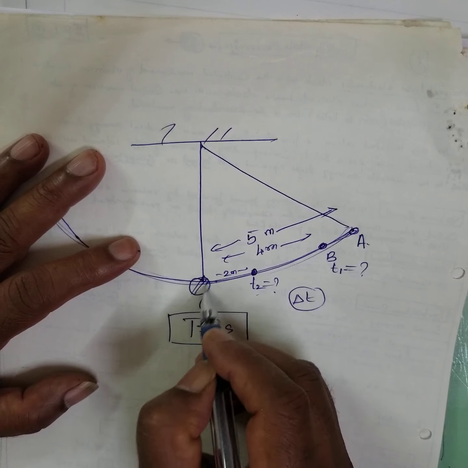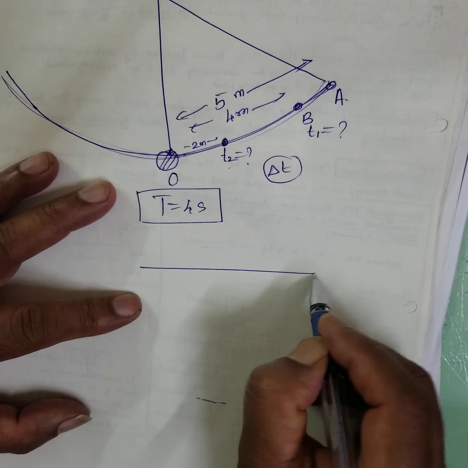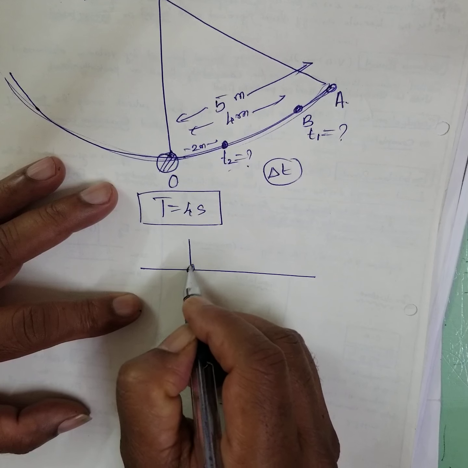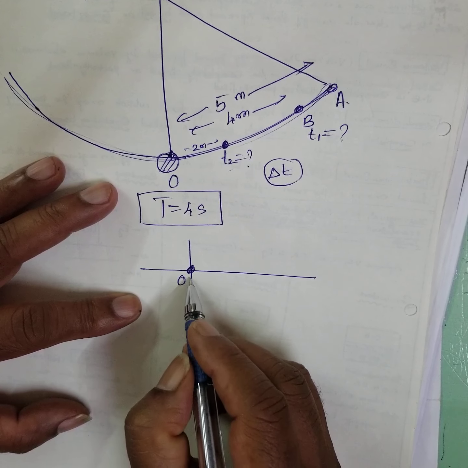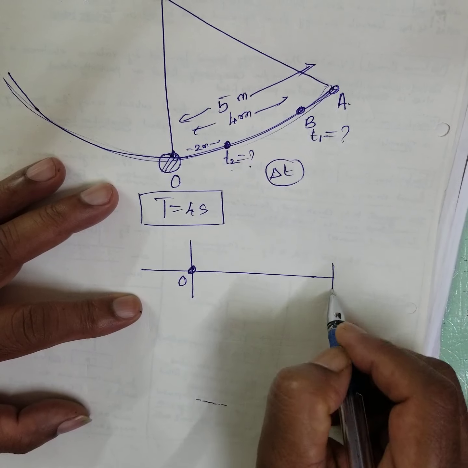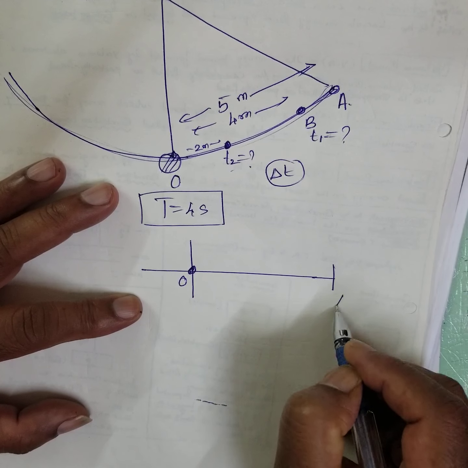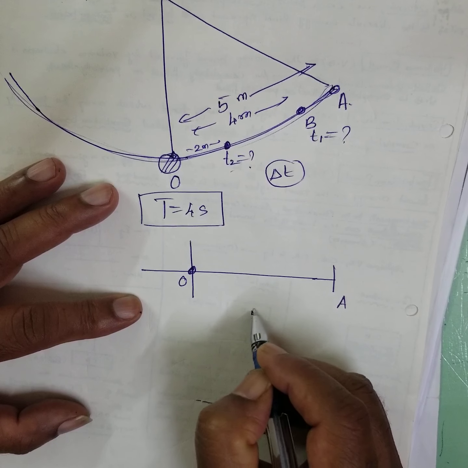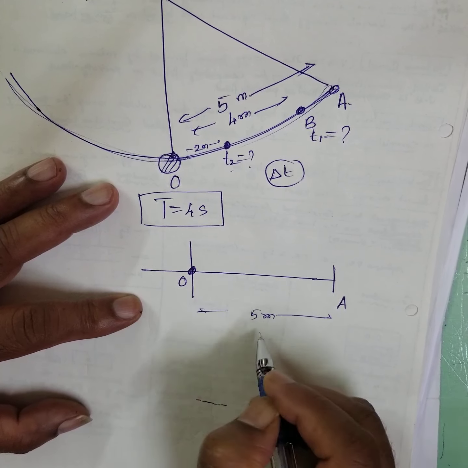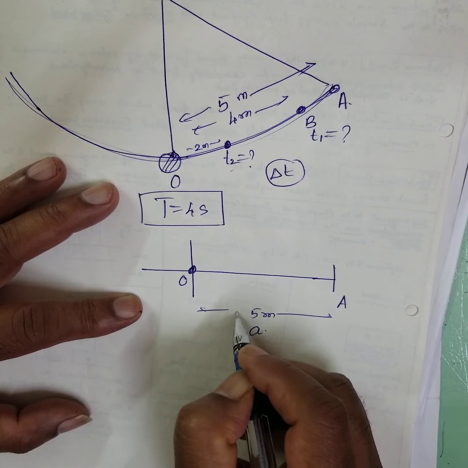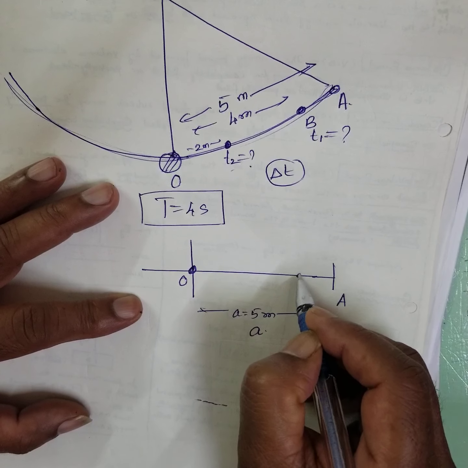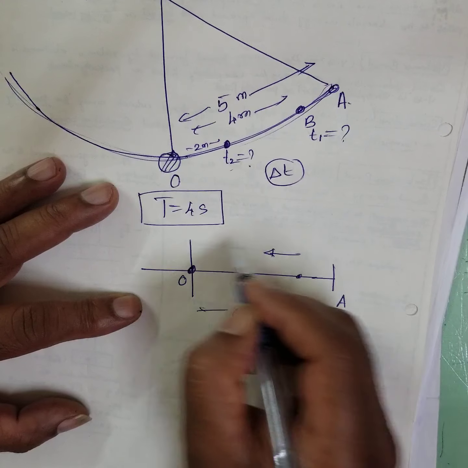From the center, or you can put the picture this way also. This is the origin, right? Amplitude OA is what? 5 meter. This is the maximum displacement, the amplitude. Here the particle is coming towards this one.